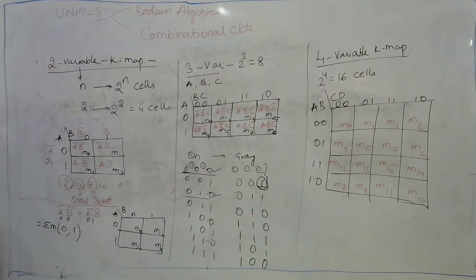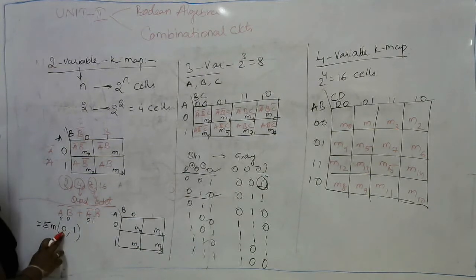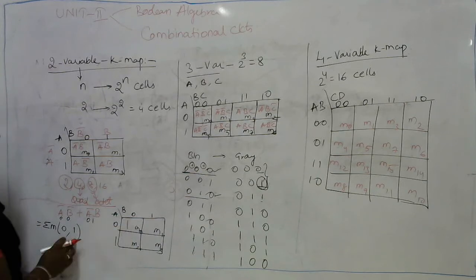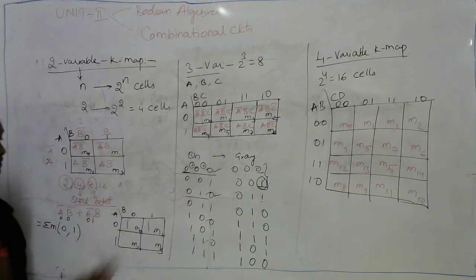Whatever numbers we got from the expression, just keep ones. As it is an SOP expression, I am keeping ones. If it is a POS expression, instead of ones, we need to place zeros. So under m0 I am keeping 1, under m1 also 1, and for the remaining don't write anything.